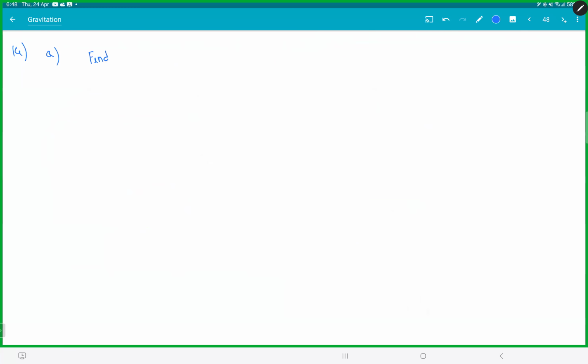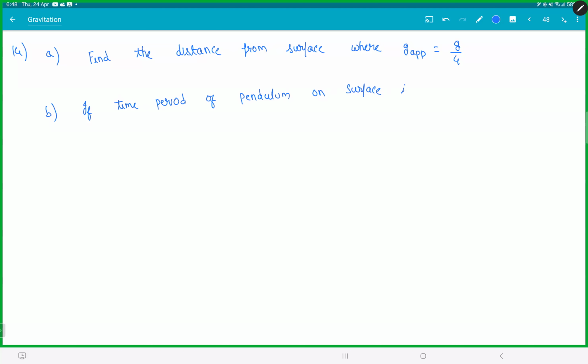So we have a planet. Find the distance from the surface where g apparent becomes g by 4. If the time period of a simple pendulum on the surface is T, at what height will it become 3T?